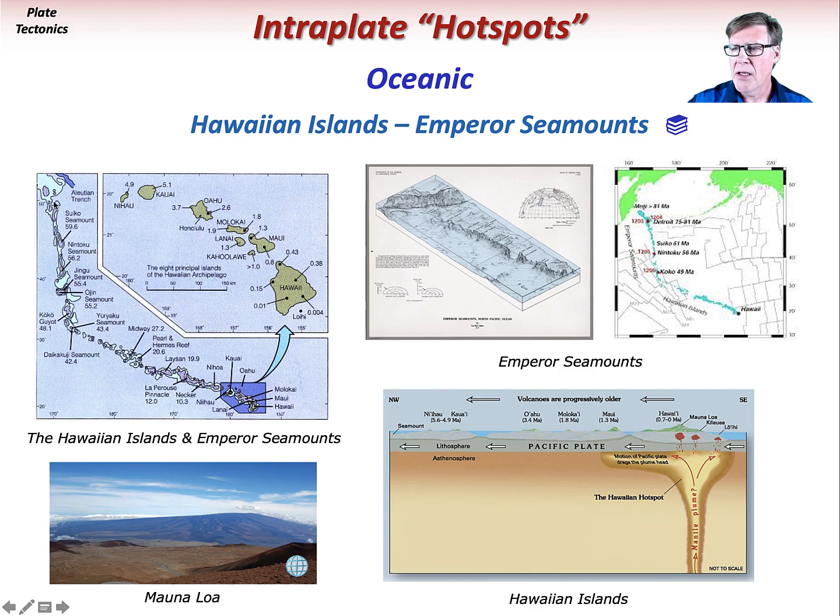So looking at the main Hawaiian islands there, the current hotspot is located right under Hawaii, and that's where the active volcanism is. And it's been active for several 100,000 years. Hawaii is made up of 5 large shield volcanoes, which have erupted over the last few 100,000 years.